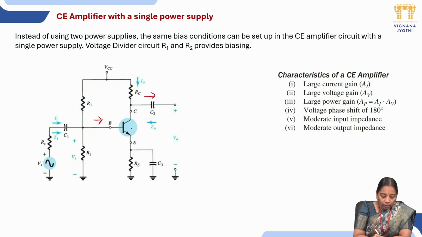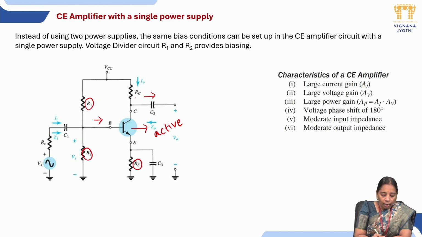In order for a transistor to act as an amplifier, it must be operated in the active region. For that we need proper biasing through the self-bias network formed by R1, R2 and RE. These three bias the transistor in the active region such that the operating point is stable and the transistor acts as an amplifier.